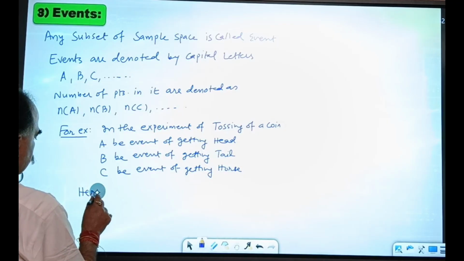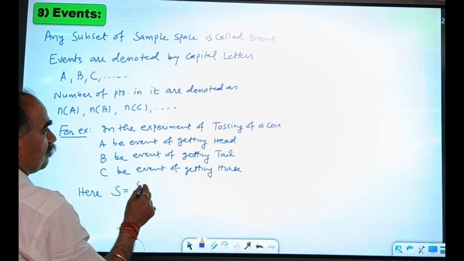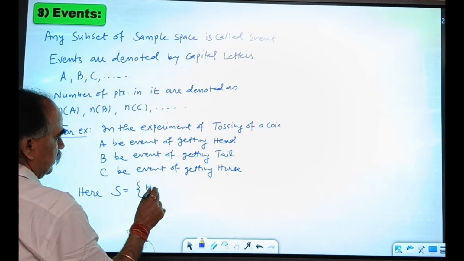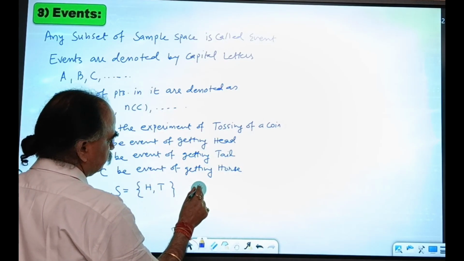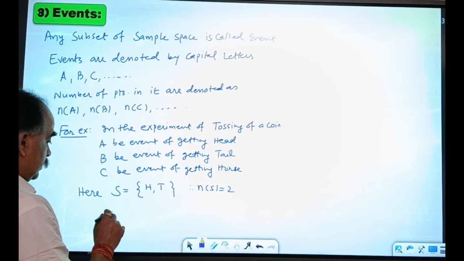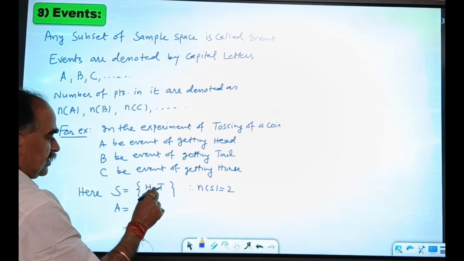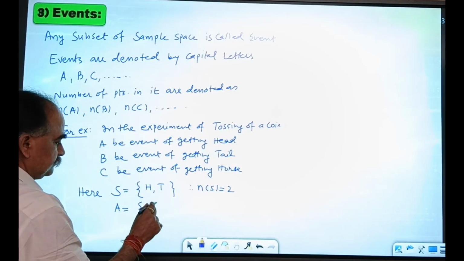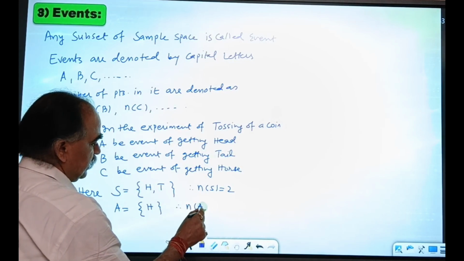Here, the sample space is head, tail. Therefore, n(S) is 2. A is getting head, so H, n(A) is 1.